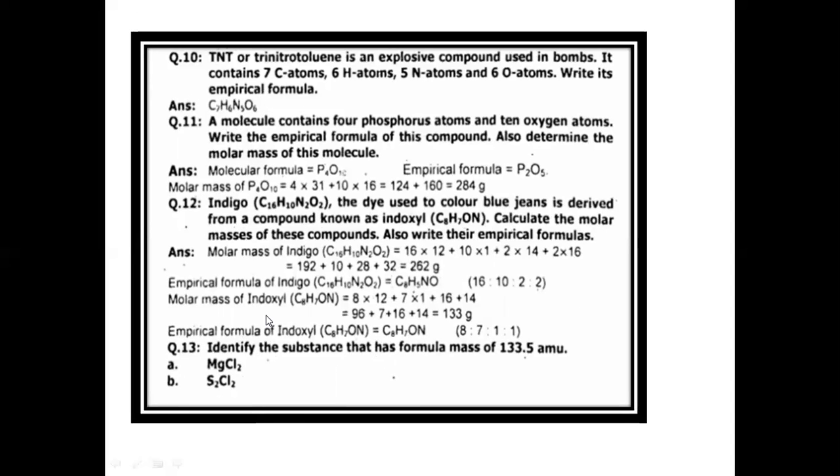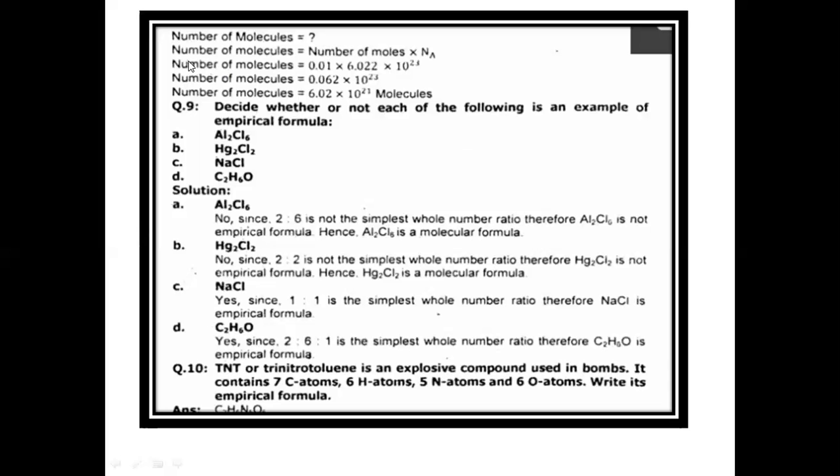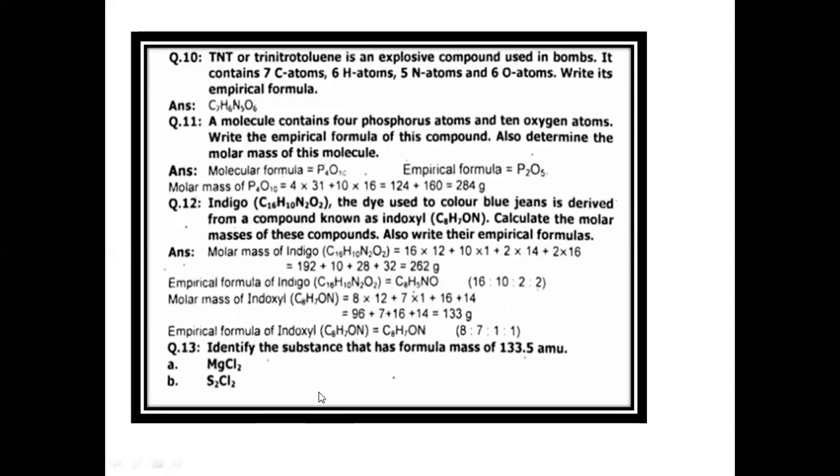Question number 10, TNT. Trinitrotoluene is an explosive compound used in bombs. It contains 7 carbon, 6 hydrogen, 5 nitrogen, and 6 oxygen. You have to write its empirical formula in its simplest form.